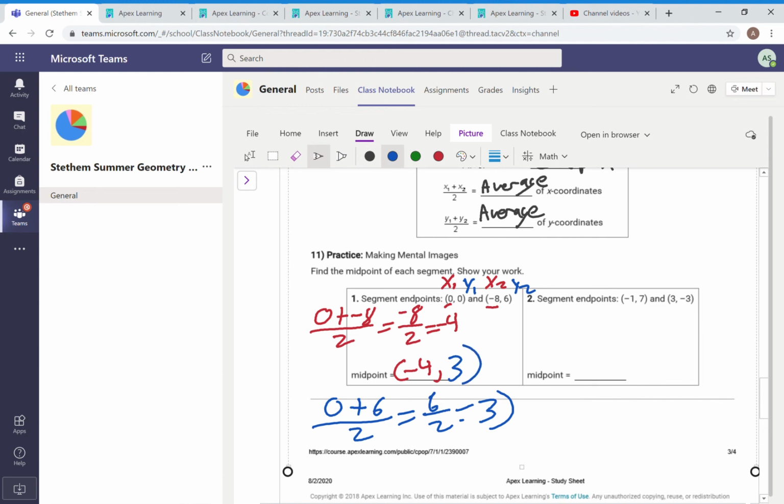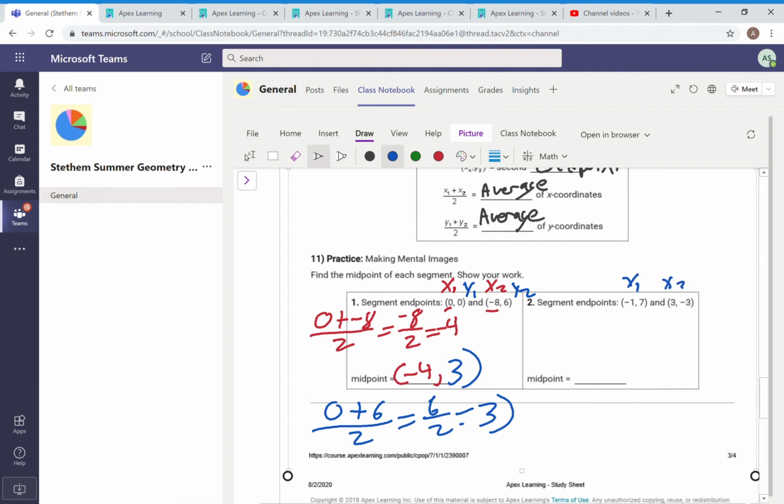And you can do this with any sets of 2 points. You can find their midpoint. If I do this one, x1, x2, so I'm going to do -1 plus 3 divided by 2. If you struggle with negatives, feel free to use a calculator.